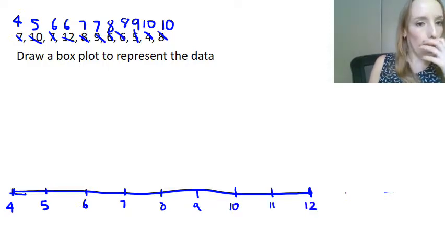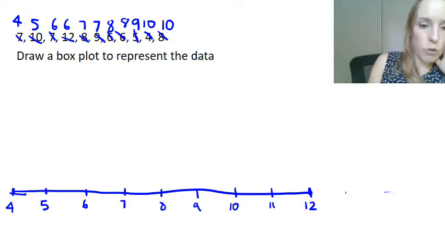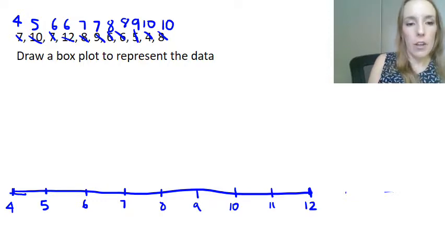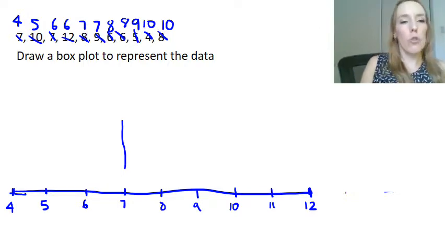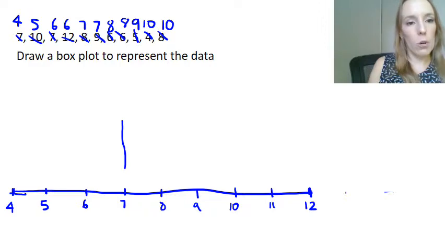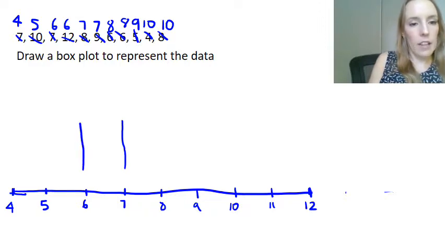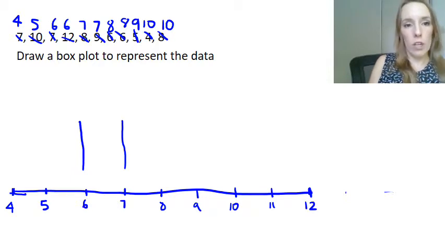The first thing I would do is draw a line to represent your median. Our median value was 7. Then we're going to draw a line to represent our lower quartile value, which was 6. And a line to represent our upper quartile value, which was, let me try and remember, 9?